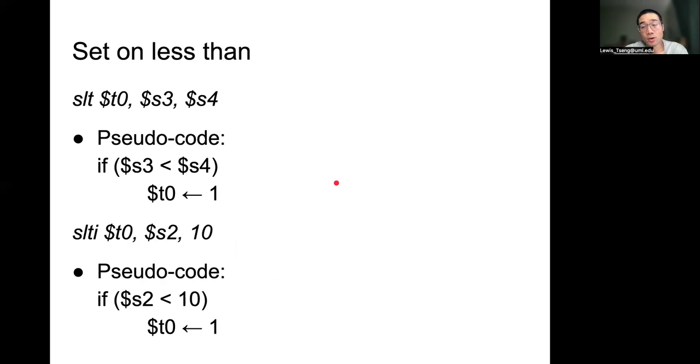And then another very important operation that is useful for making decisions is called set on less than. The format is like this: SLT, set on less than, and then register T0, register S3, register S4.